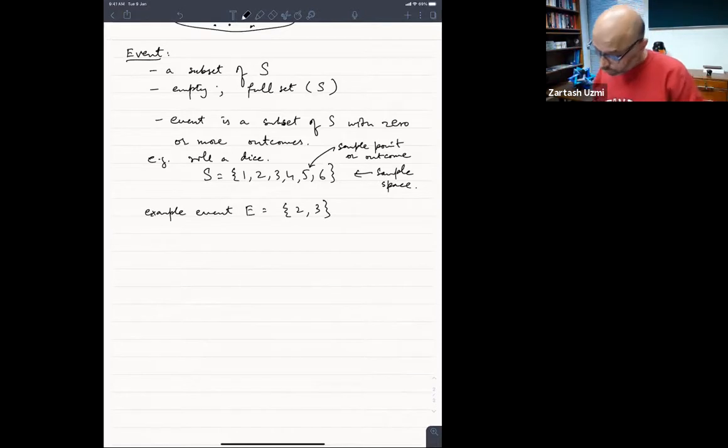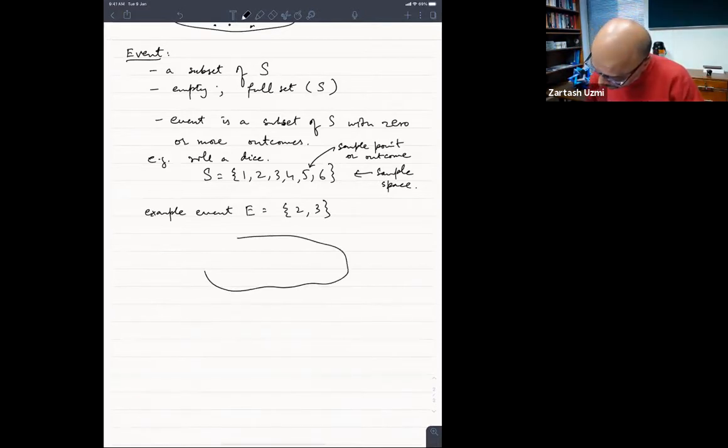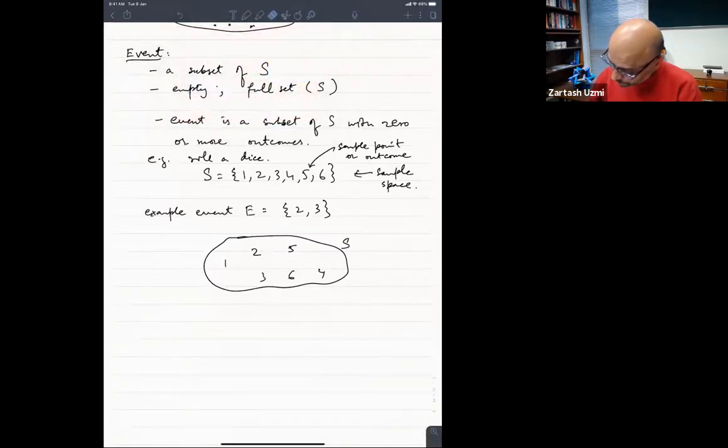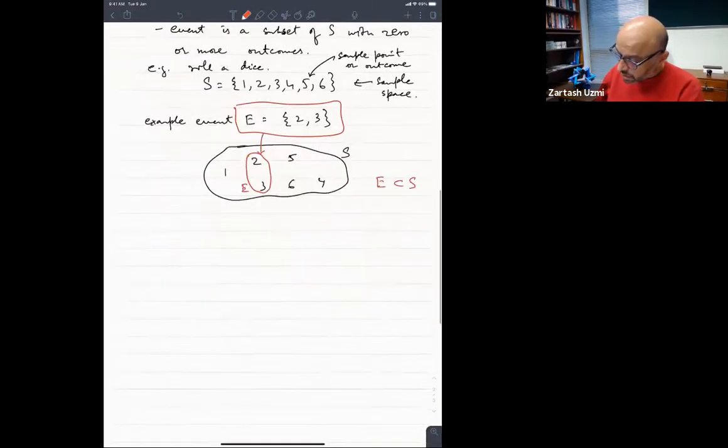So जो हमारे पास sample space है, इसमें 1 2 3 4 5 6, these are 6 sample points, and my event E is basically 2 and 3, the set of 2 and 3. So you can see that E is a subset of S, and E contains these two outcomes.